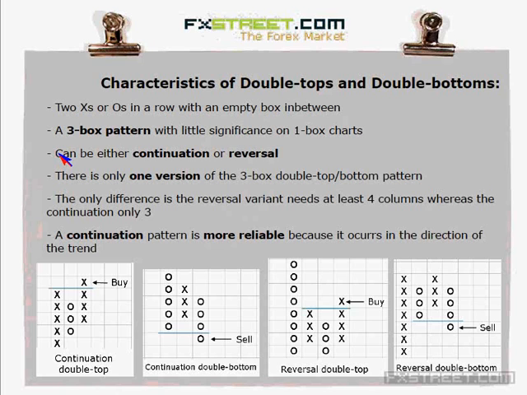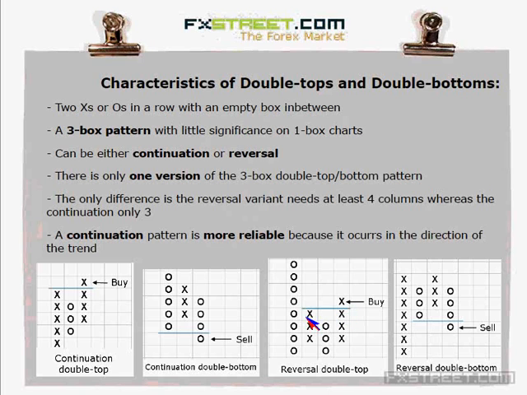The only difference between the continuation and the reversal means that the reversal needs at least 4 columns, whereas the continuation only 3. And this is understandable because in the case of a reversal, we need that first descending column to appear in order to have a first reaction to the upside and subsequent drop in order to form the first resistance, and then we need a second rise, the second rally, in order to break that resistance.